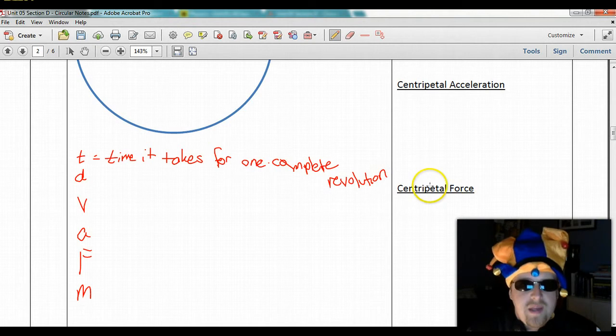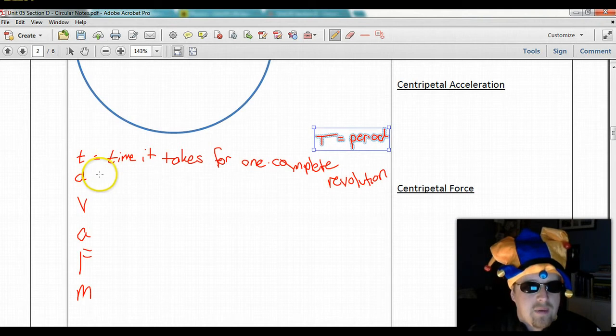Okay, this time is actually also known as capital T, and it represents the period of motion. And this will actually become more important for us when we're talking about waves and sound later on.